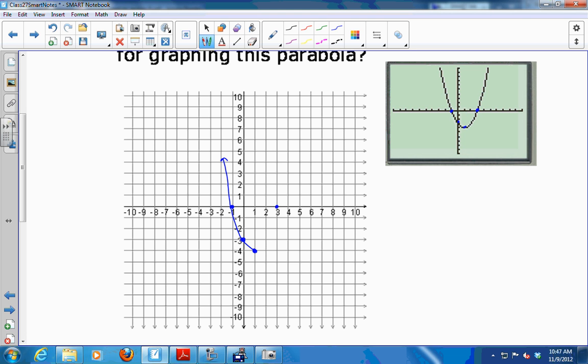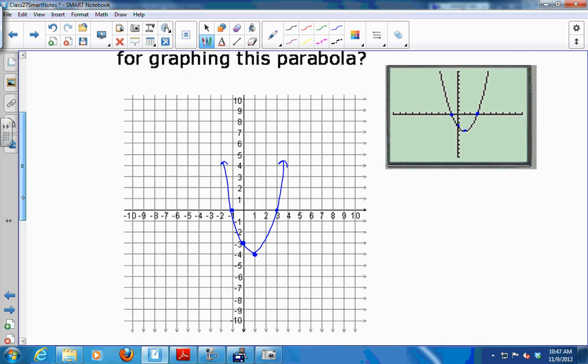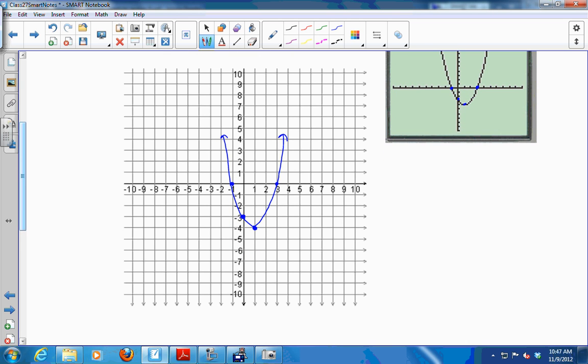Anybody remember from a previous class what that minimum is called in a parabola? The vertex. It could be a minimum or a maximum. So my important points are x-intercepts, which there could be 2 of, there could be 1 of, and there could be none.